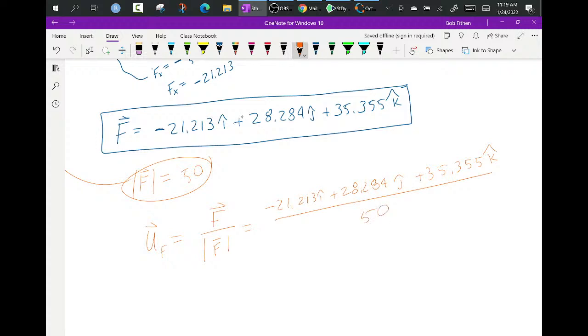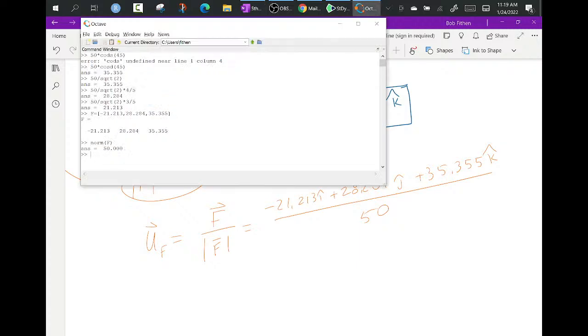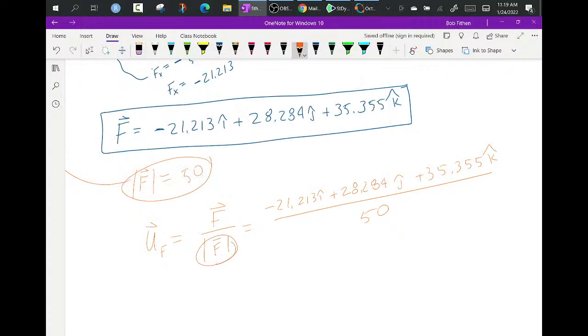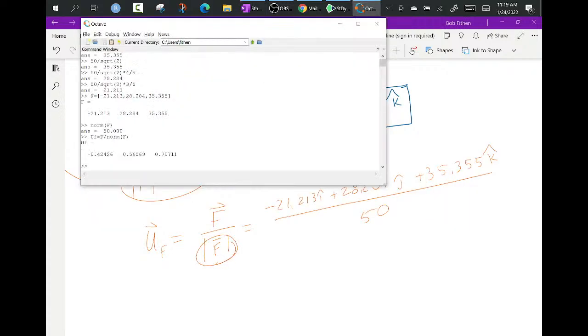Let's see if we can do that real quick. I'll call it U, for unit vector, and I'll put a little F: F divided by the norm of F, which is the same thing as this. And I get these numbers.